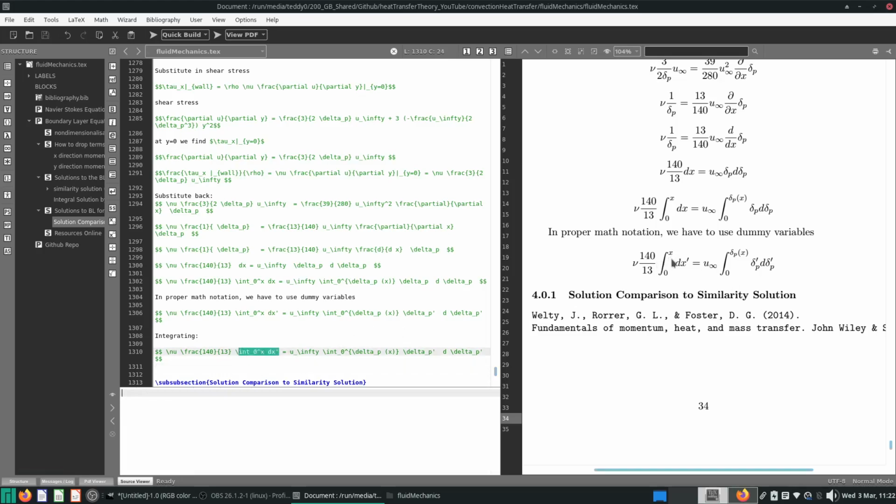Okay, so this part becomes just x itself, and this one becomes delta p x squared over 2. Okay, let's do a fraction, delta p x squared over 2.